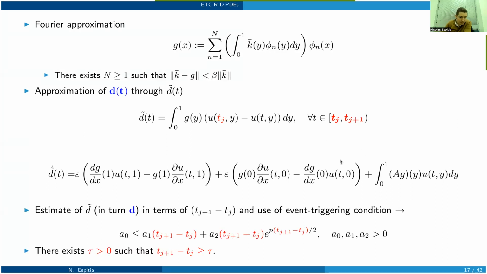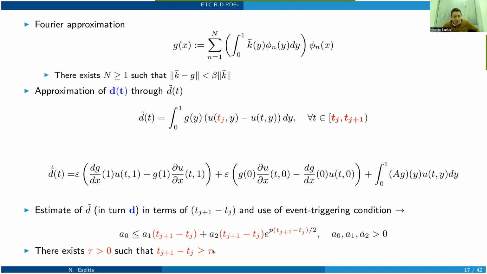I won't enter the full details, but we can find some upper bounds, and then we try to estimate D tilde in terms of the intersampling times, and we use the triggering condition. So we end up with this inequality in terms of the intersampling times, where all parameters here are positive, and this allows us to conclude that there exists a positive lower bound between two triggering times.